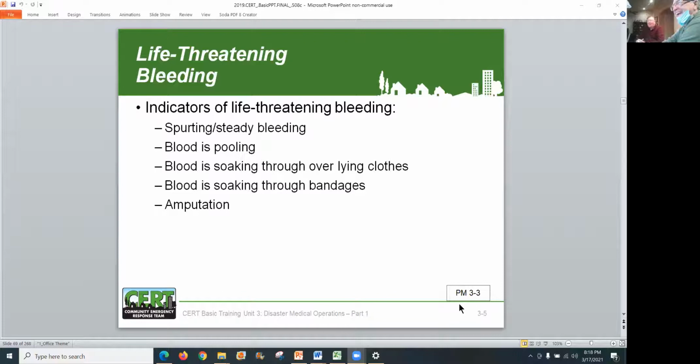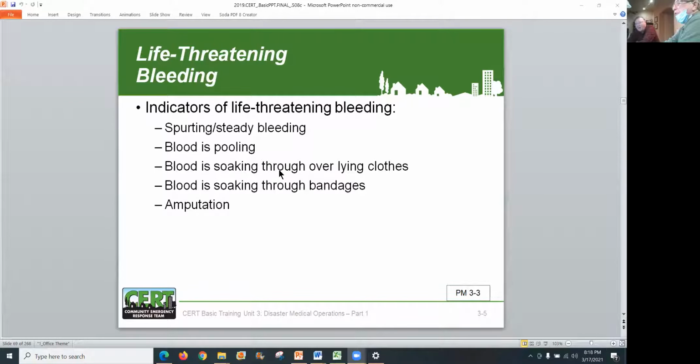Here are some indicators. Can you tell us about them? Life-threatening bleeding, spurting, is an indication of an arterial bleed. Steady bleeding may or may not be an artery, could even be just a venous cut. Blood is pooling, that means you've got a lot of blood on the outside, and that's a sign that's a hurry call.